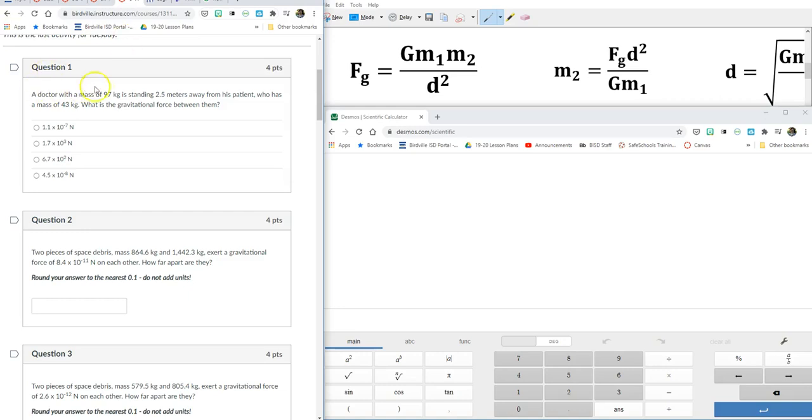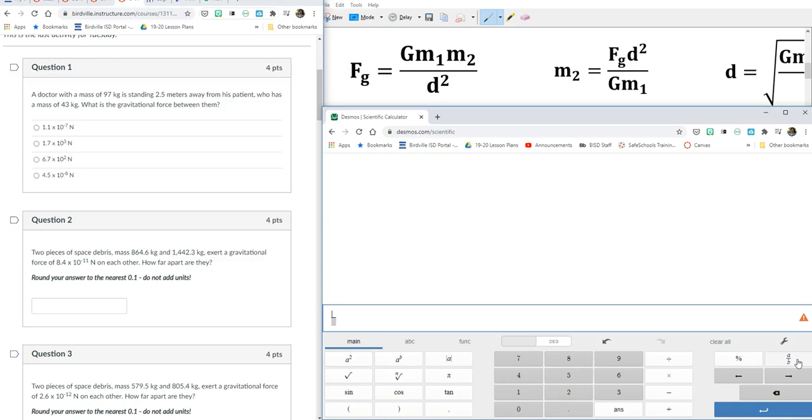So let's punch this first one into our calculator. What is a gravitational force? We know that we're going to use this Fg equals G times mass 1 times mass 2 divided by our distance squared. So on our scientific calculator down here, there's this nifty little button over on the right that lets you make a fraction.